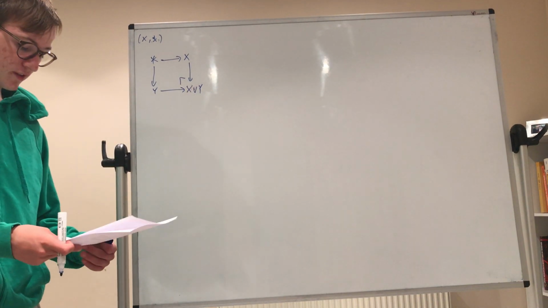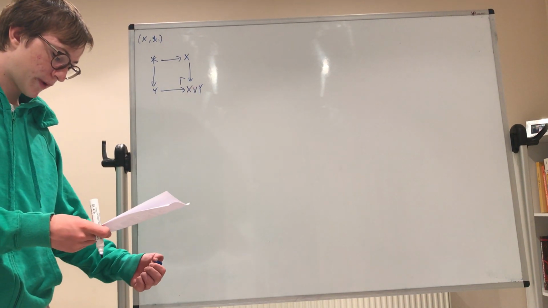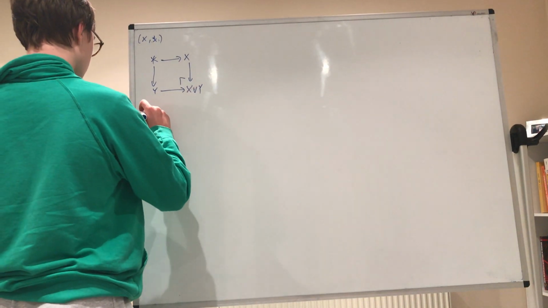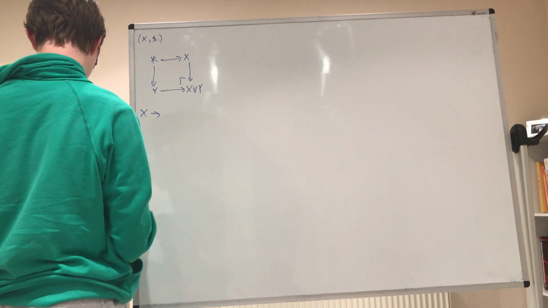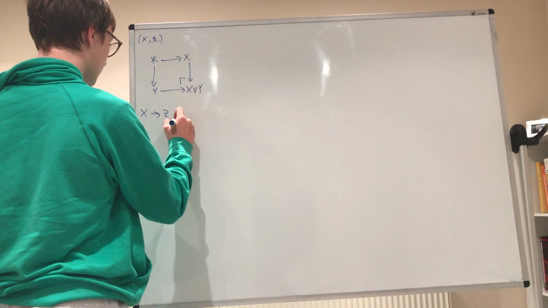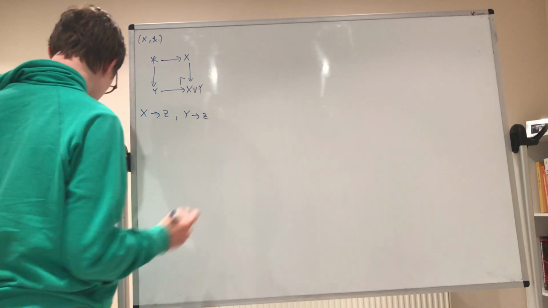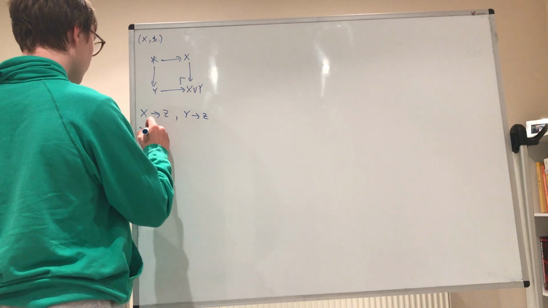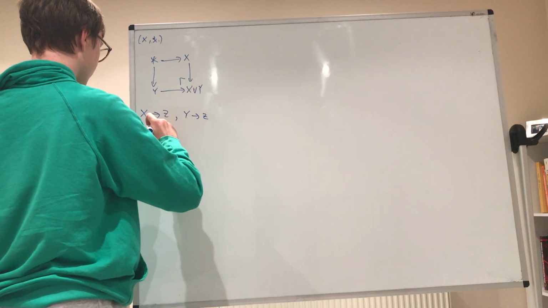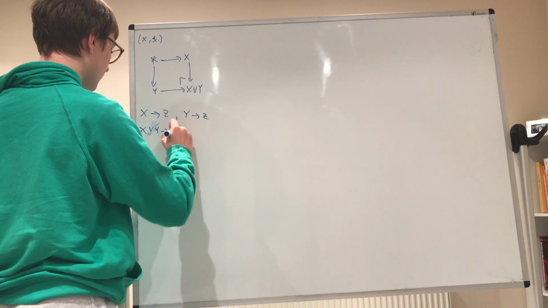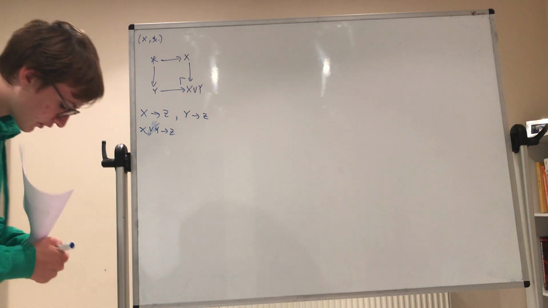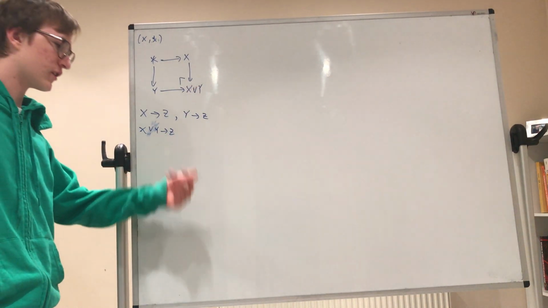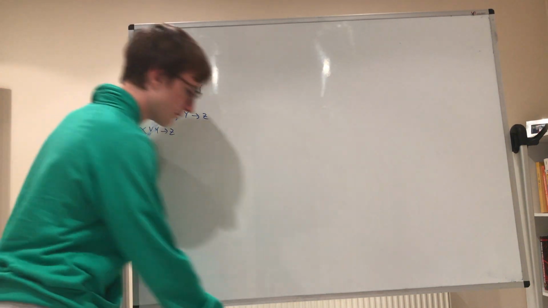Now, what this means is that in based spaces, base point preserving maps X to Z and Y to Z is the same as having a map from X wedge Y to Z. So, in other words, the wedge product is the co-product in the category of based topological spaces.